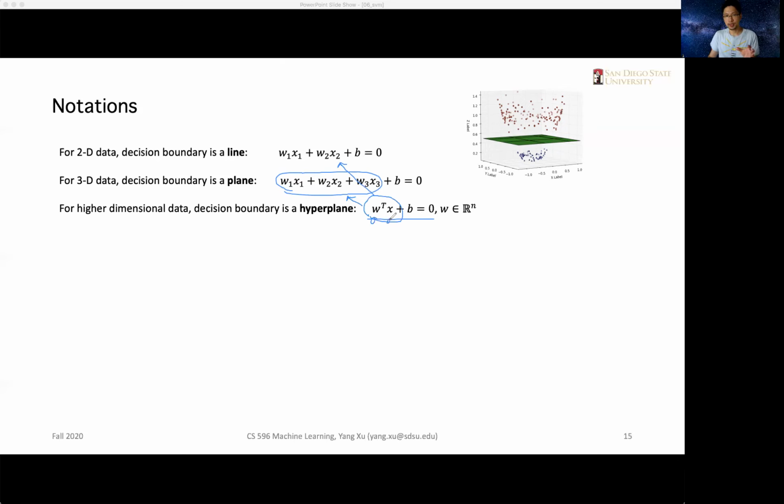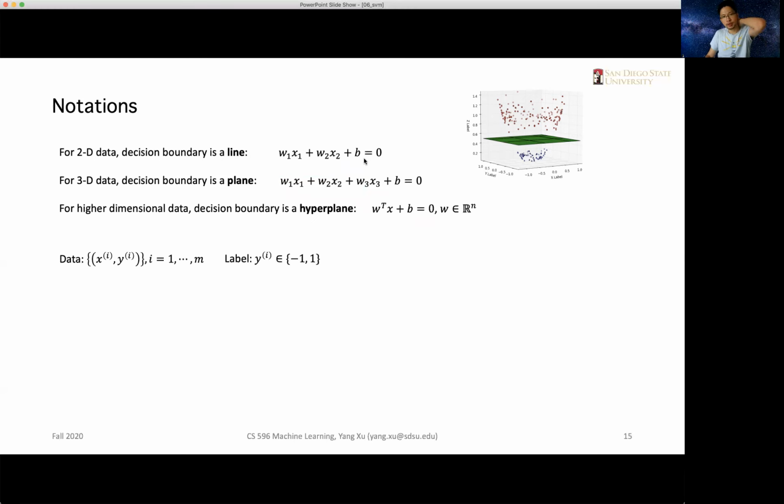Because we first lay down W. If W is a column vector, we lay it down by the transpose, and then we take the dot product with the data vector x, which is a column vector too. So that's the notation for representing hyperplanes.